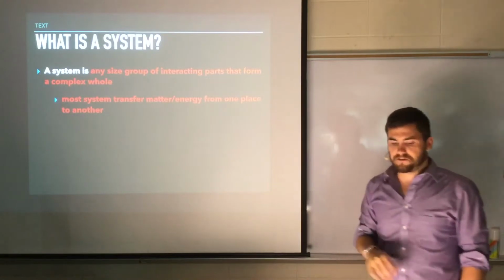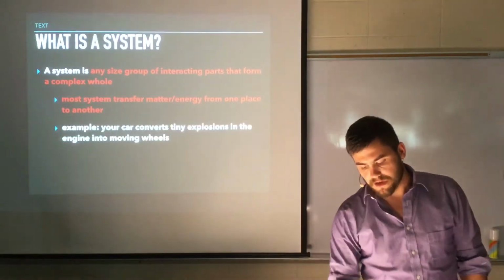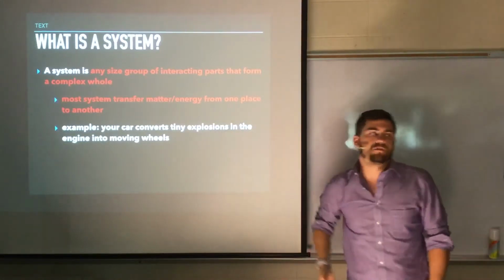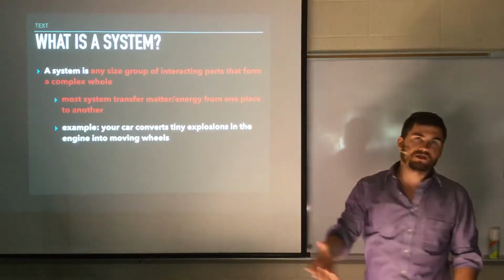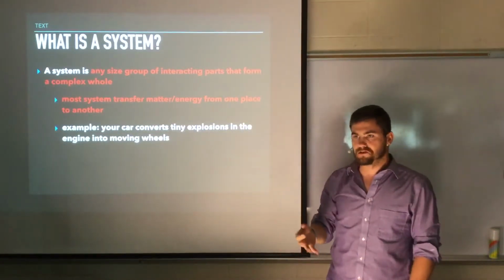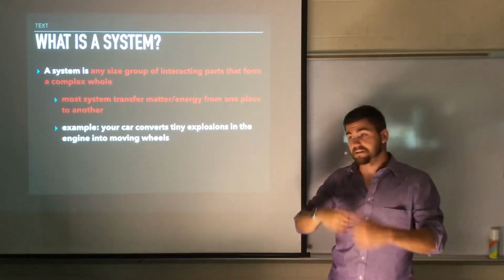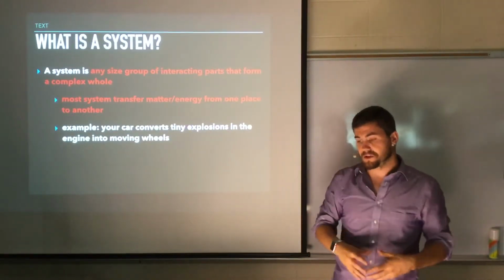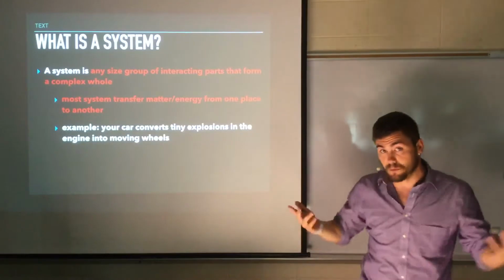Most systems transfer matter and energy from one place to another. So your car gets its kinetic energy from igniting air and gas mixtures in its pistons, and then that turns a cam, I believe, and that makes your transmission rotate, then the drivetrain.